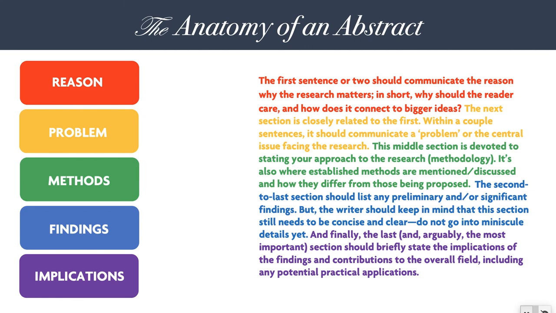Another way to think about organizing this abstract and the anatomy of it, we have our 5 different sections or key points, but you can also use just 3 simple questions to organize this process as well. So the reason and the problem sections answer what is at stake in the research.